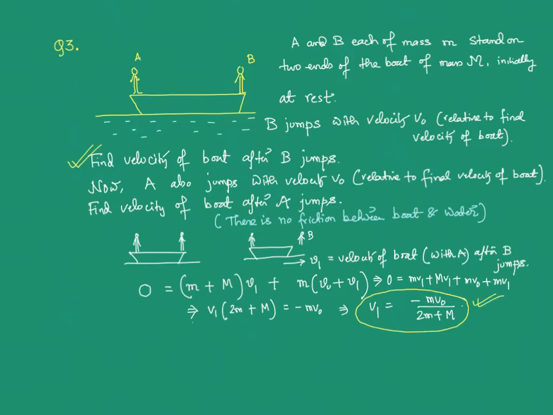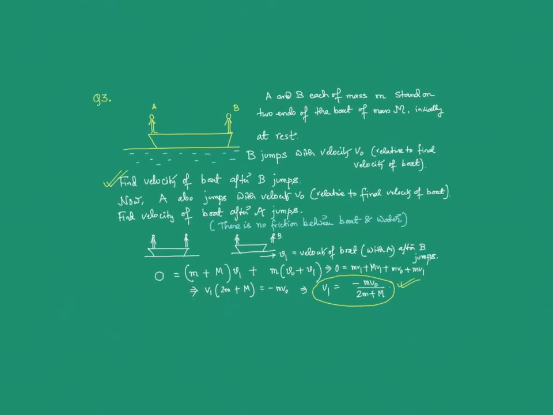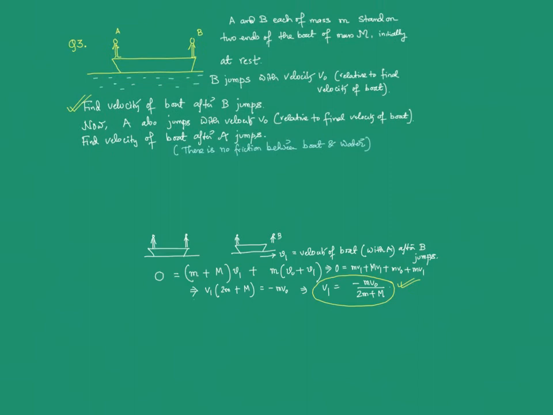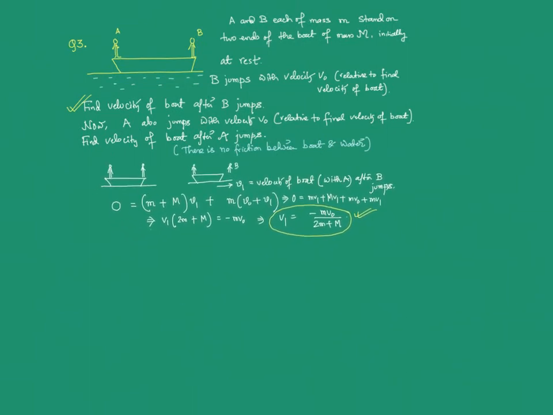Now the next part of the question is there. Now A jumps with velocity v naught relative to the boat.